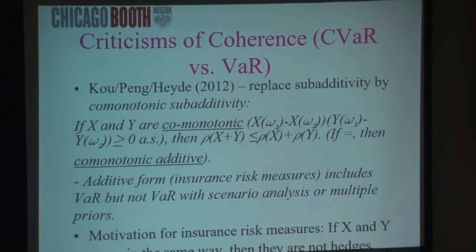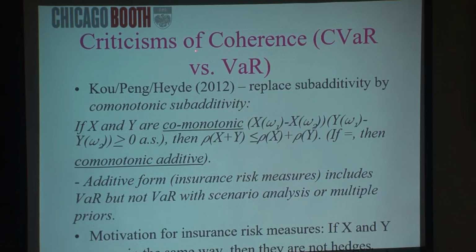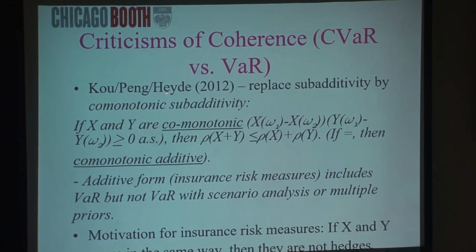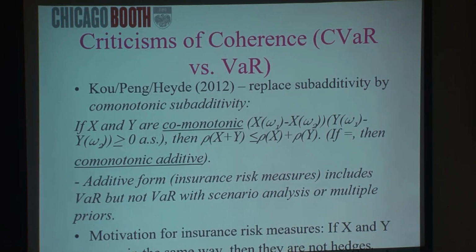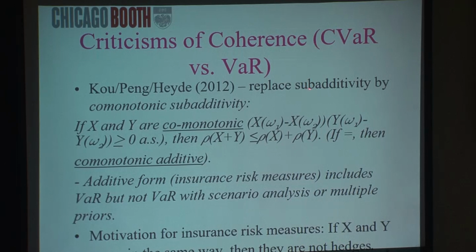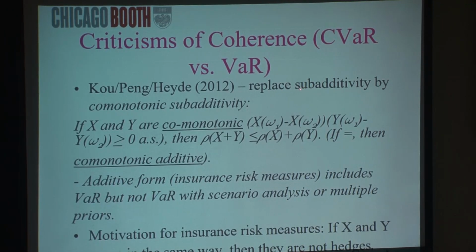I should say that there are certain criticisms of these coherent measures. The paper that I cited here by Ko, Peng, and Heidi questions one of the assumptions I had for coherent risk measures: subadditivity.